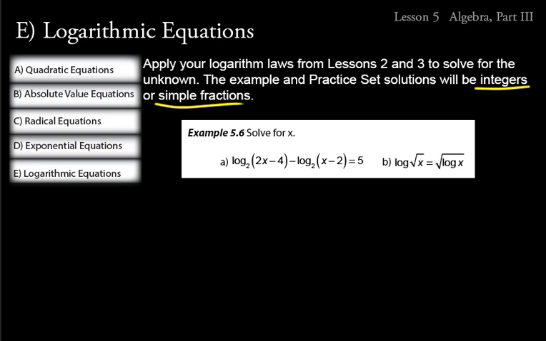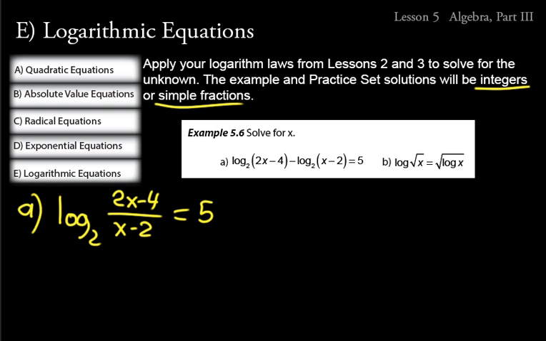And so in A, how could we simplify that? Well, we can get that on the left in terms of one value, right? Use our quotient rule and log base 2 of 2x minus 4 over x minus 2 is equal to 5.